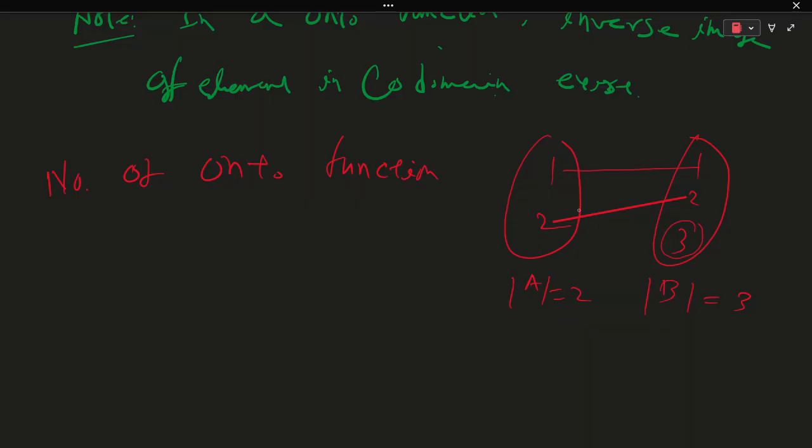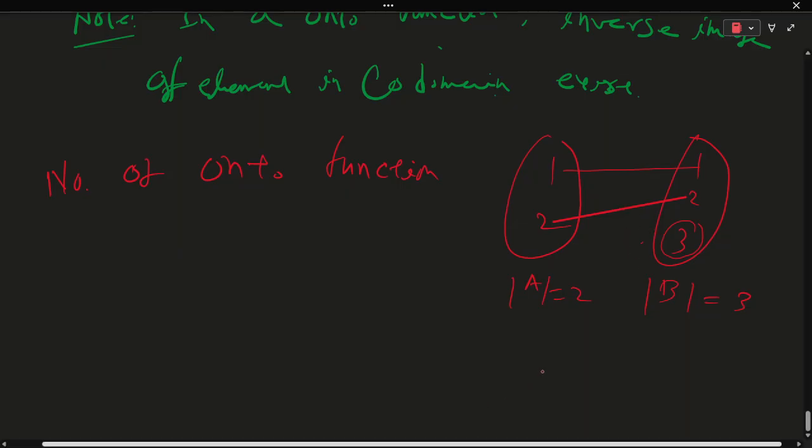If 3 had a pre-image, then one of these two would violate the definition of a function. So it cannot happen.